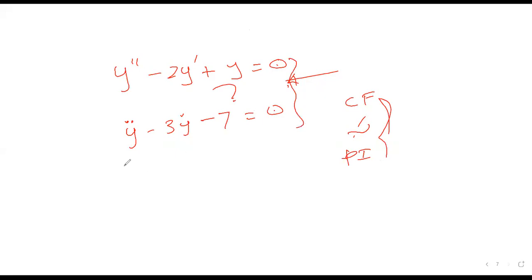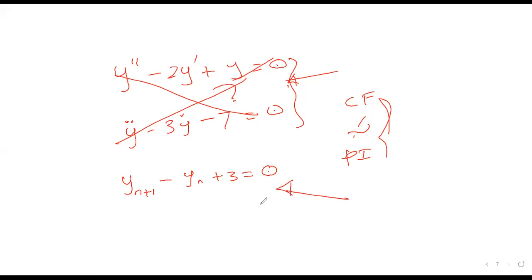So this is not what we are going to study here. If you have something like, let's say, y n plus 2 plus y n plus 3 is equal to 0, what kind of equation is this? We don't have dashes or dots or anything, so it's not a differential equation concept. What are these notations used for?